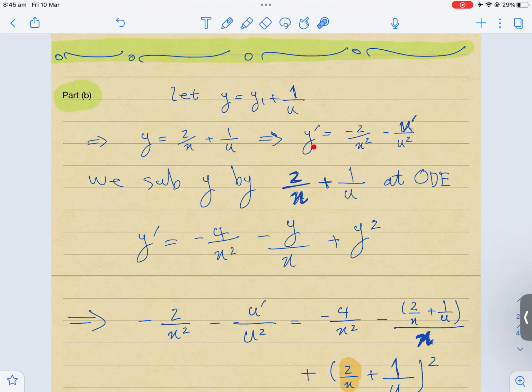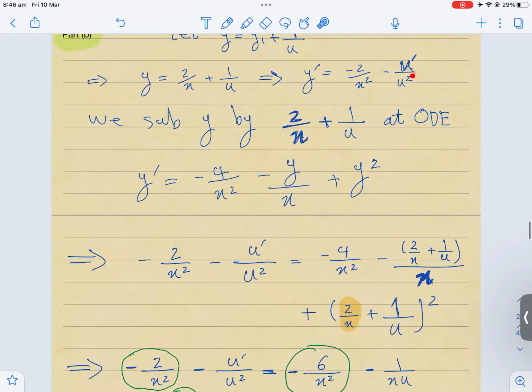As usual, I will take the derivative on both sides of the equation. So I will substitute y by 2 over x plus 1 over u in the original ODE here, and y prime will be substituted by this.